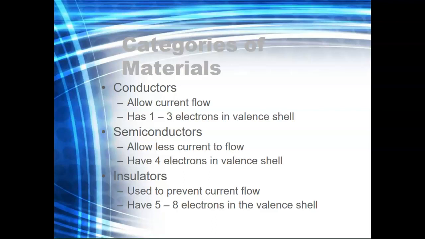These only have 4 electrons in that outermost shell. And then finally we have insulators. These are used to help prevent current flow and have between 5 and 8 electrons in that outermost shell. This is something you'll definitely want to memorize. It could very well be a test question.